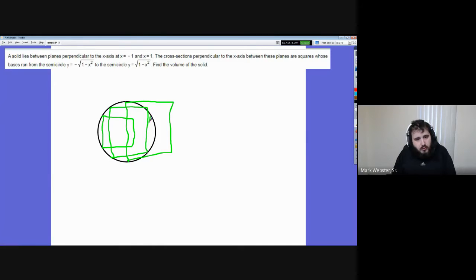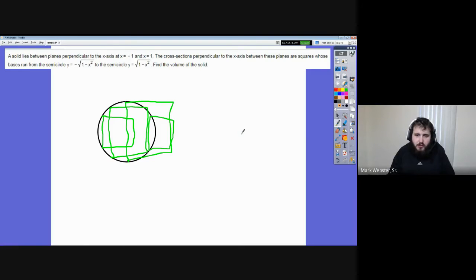It's going to start out small. The squares are going to grow because they're keeping with the size of the circle, and then they're going to shrink back down. So you get almost like a really wide shark fin type shape. I don't know if I'm going to be able to draw this. We'll see.